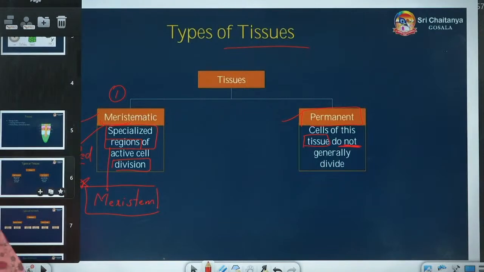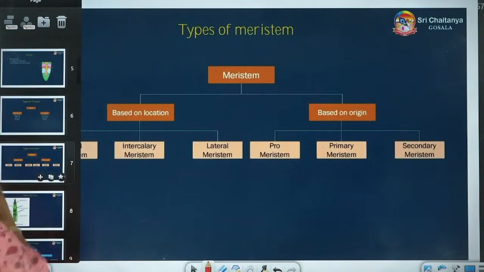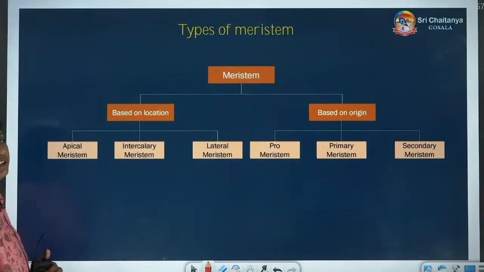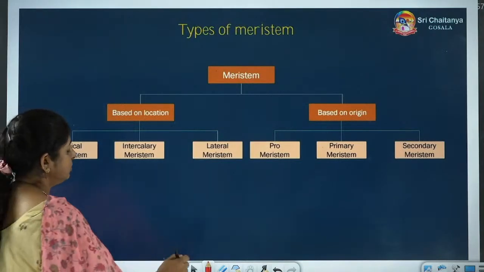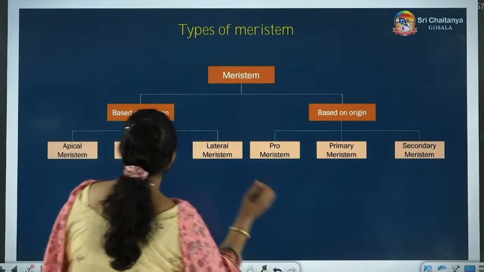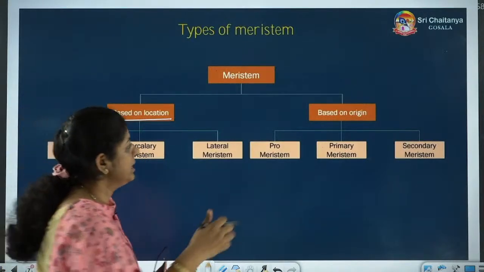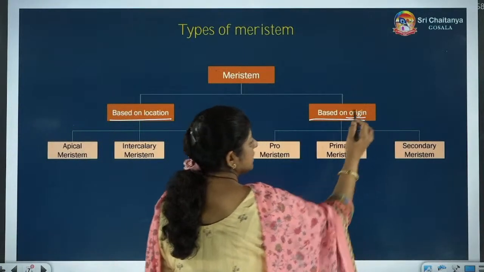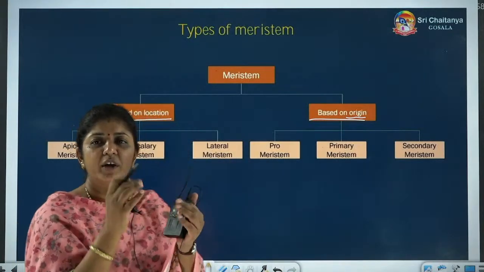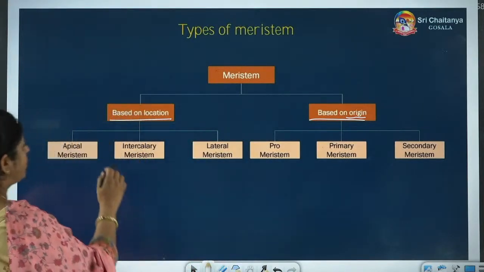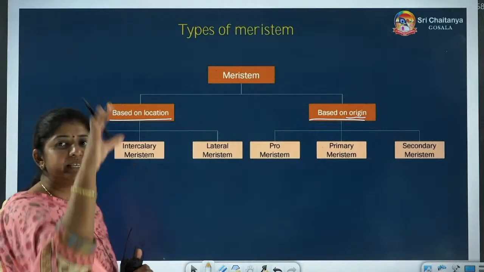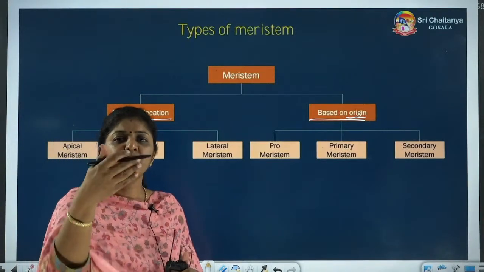Now coming to the next part. Let's take meristematic tissue first. Meristematic tissues are of two types. One is based on location, meaning the place where they are present. Second is based on origin, from where they have originated. Let's see first based on location, the place in a plant where they are present.